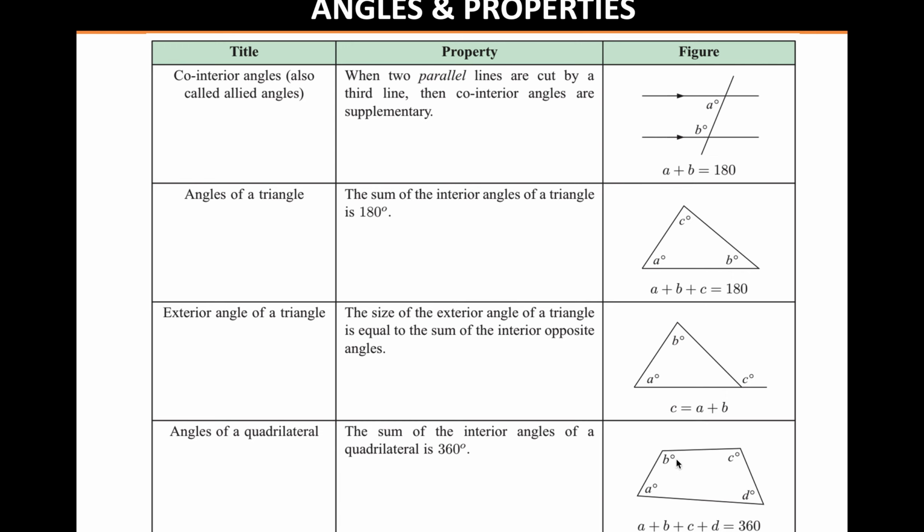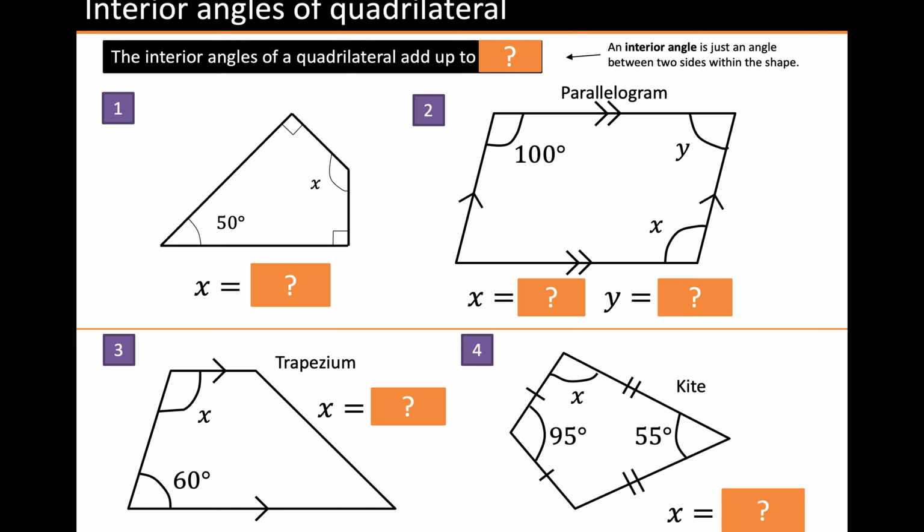Angles of a quadrilateral, so four sides now. Previously these two were in a triangle, three-sided. This is a four-sided polygon, and the sum is 360 degrees. So in this slide we focus on the quadrilateral.